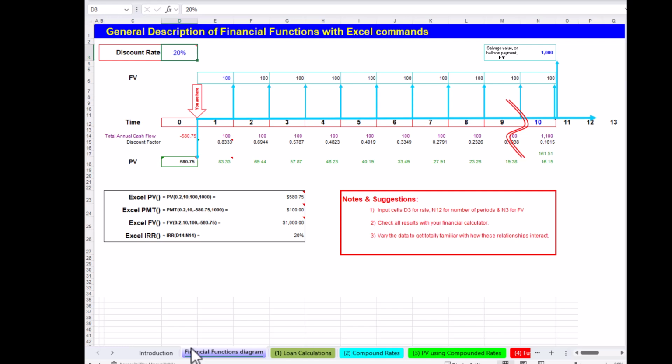There's a lot more on this sheet than the actual diagram, by the way, and so what you need to be able to draw up is actually quite simple. In fact, all it is a timeline. Here the timeline runs from time 0, which is today, out to about 10 or 12 years, and I'm really interested in the first 10 years on this diagram.